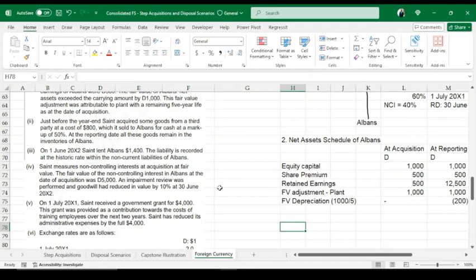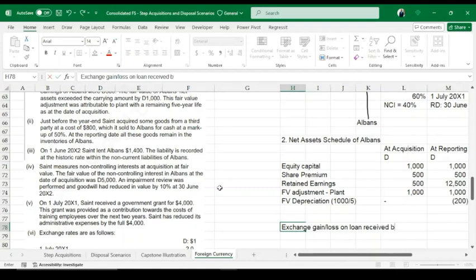So we are going to look at the amount in D or in dollars. So what do we have? We are going to have exchange gain or loss on loan received by our banks.